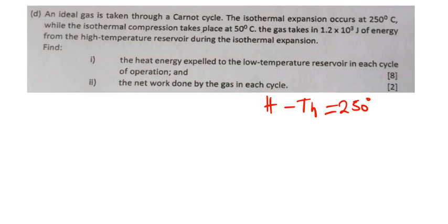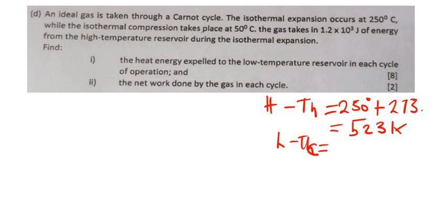You know that when you're converting to kelvins, you add 273. I'm not going to use decimals because I don't want a lot of work, I'm just going to round it off. So 250 plus 273, I'm getting 523 Kelvin. What about the low temperature reservoir?